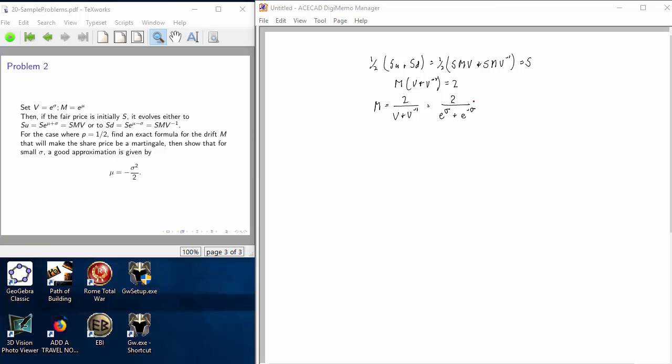And now I want to get a nice approximation out of this by using Taylor series. So I'll say e to the sigma is 1 plus sigma plus sigma squared over 2 factorial plus more terms.